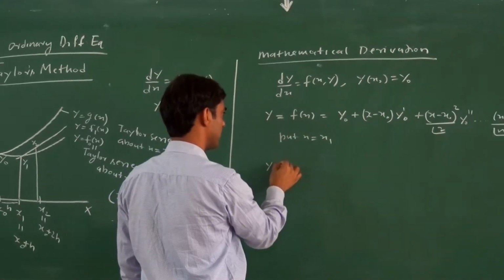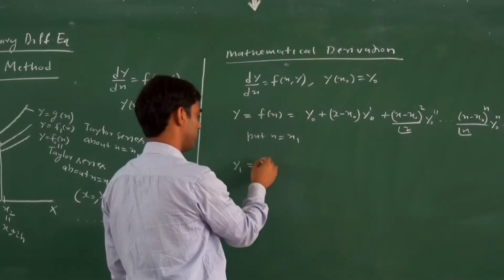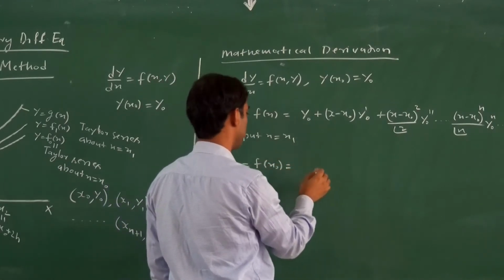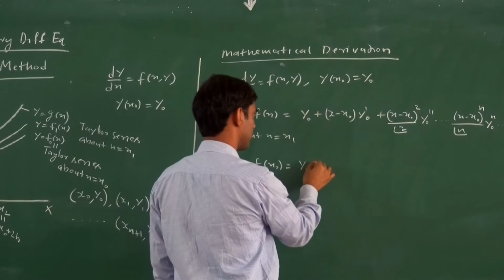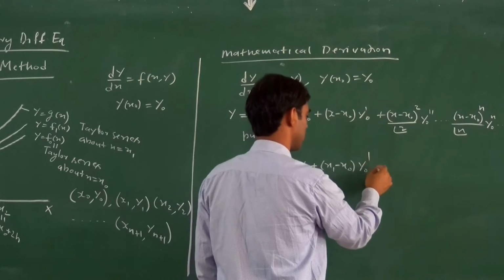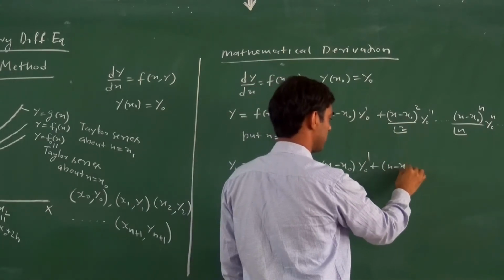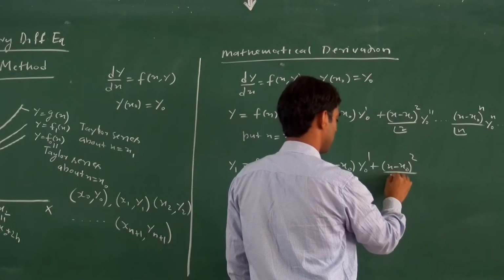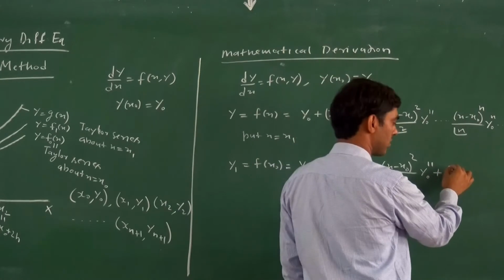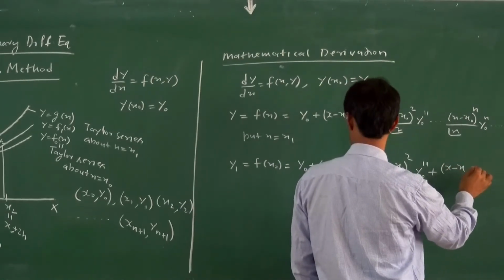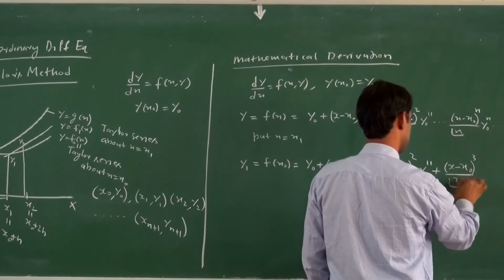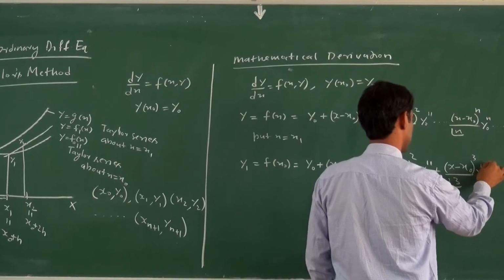So this becomes y1 equals f of x1, which is y0 plus (x1 minus x0) y0 dash plus (x minus x0) whole square divided by factorial 2 y0 double dash plus, what is the third term? Third term means the fourth term, (x minus x0) power 3 divided by factorial 3 y0 triple dash, and so on.